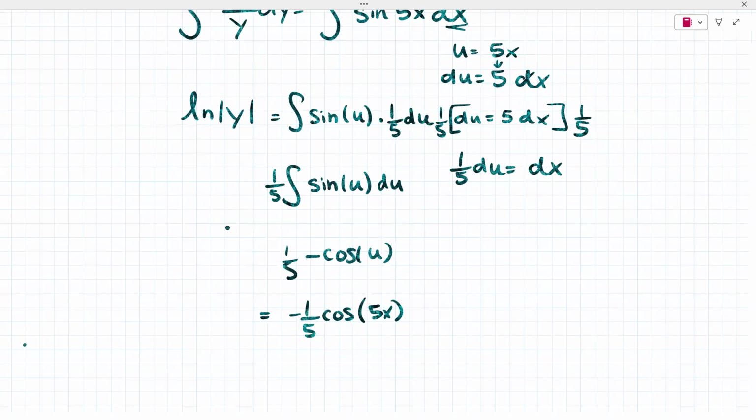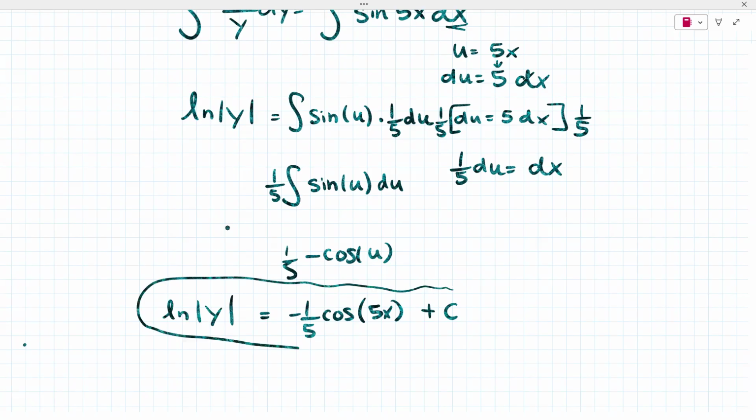We can put the plus c on the right-hand side. On the left side, you're left with the ln of the absolute value of y. This right here is called the implicit solution.